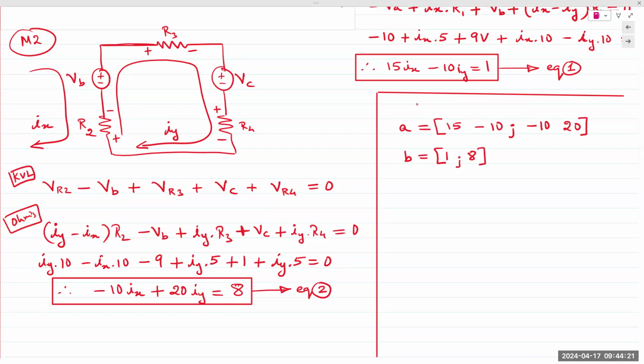And then you press enter after both. And then you define your answer. Let's say we type in Z equals A / B, and that should spit out values.